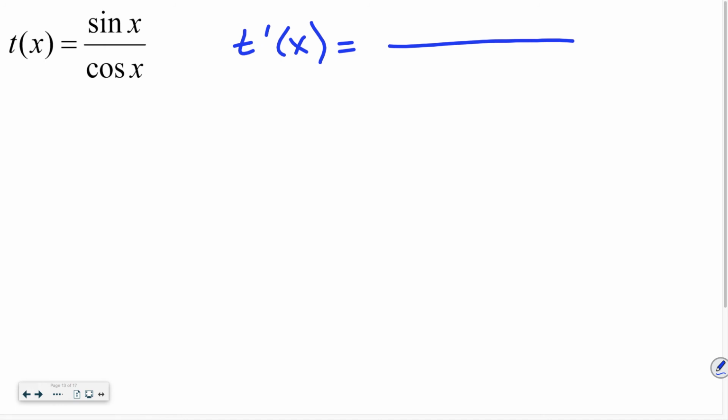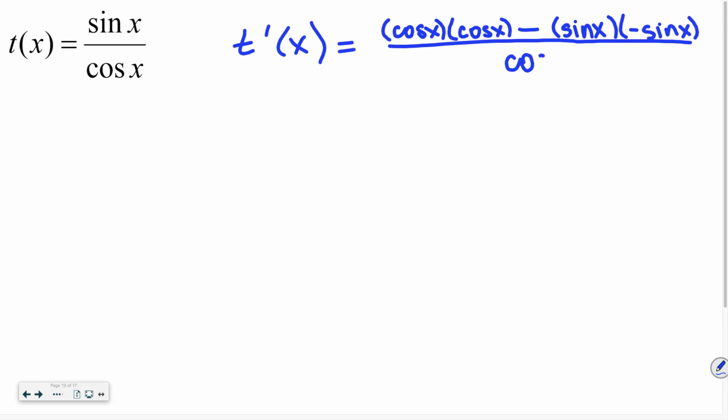The derivative of our numerator times just our denominator, minus our numerator times the derivative of our denominator, negative sine of x. Let's not forget that. All over the denominator squared.